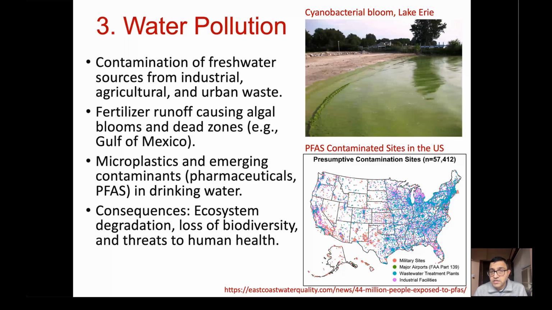In this image, you can see cyanobacterial blooms on Lake Erie, and these harmful algal blooms, some of these cyanobacterial blooms, release toxins, microcystins, that are very harmful to humans and animals. And then there are other emerging contaminants like microplastics, pharmaceuticals, the perfluorochemicals, the PFAS and the PFOA in drinking water. So all of these lead to ecosystem degradation, loss of biodiversity, and threats to human health.